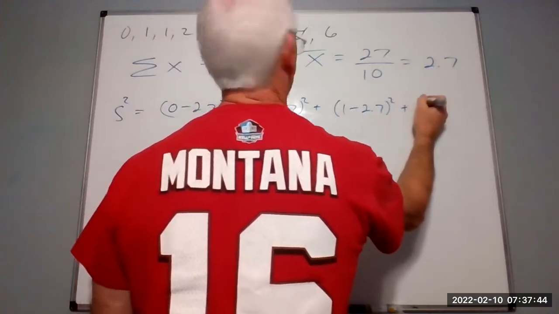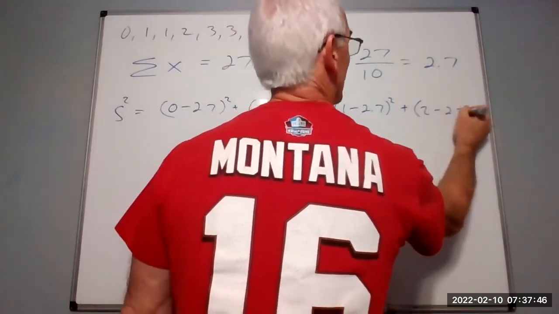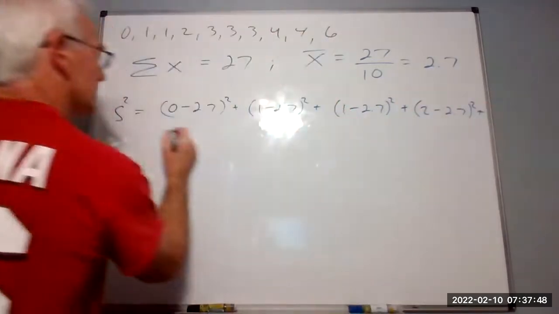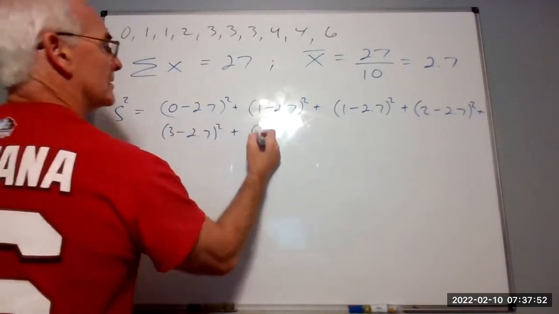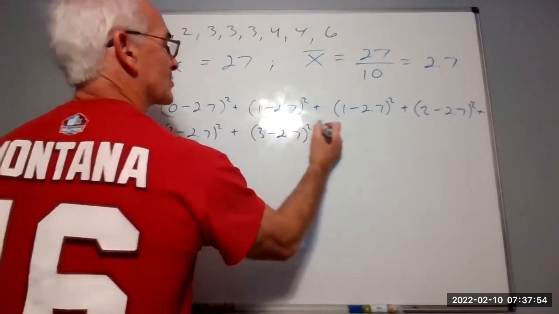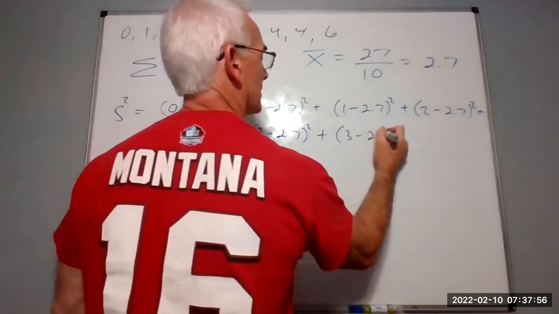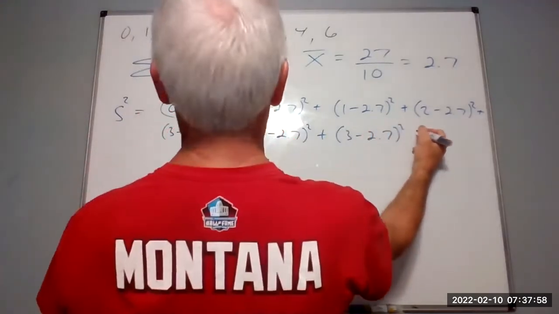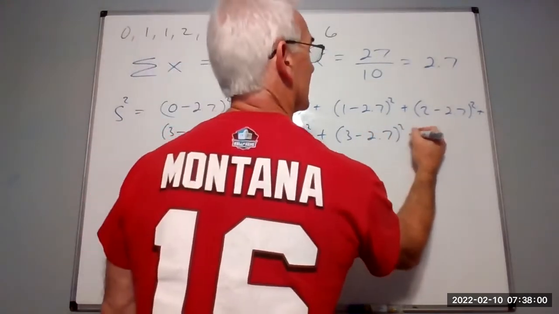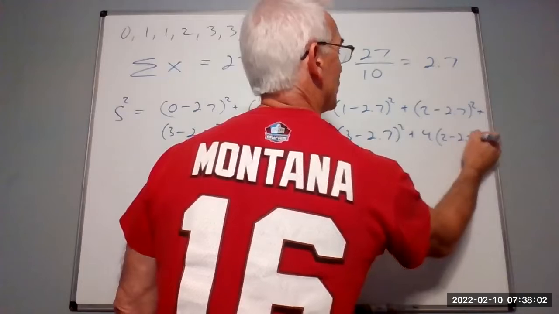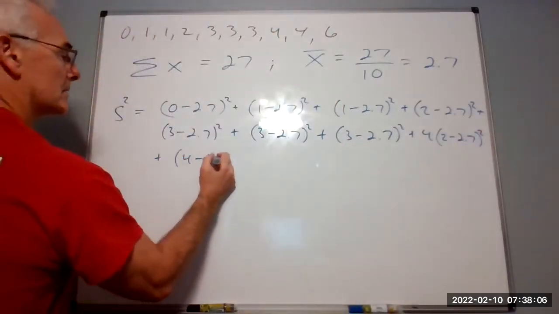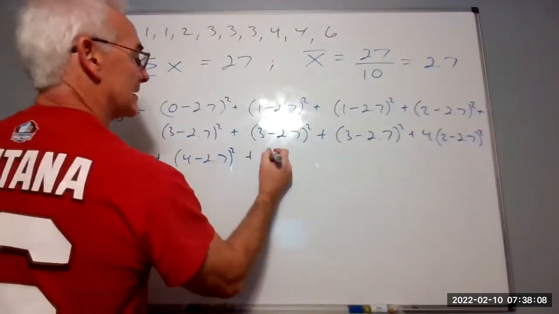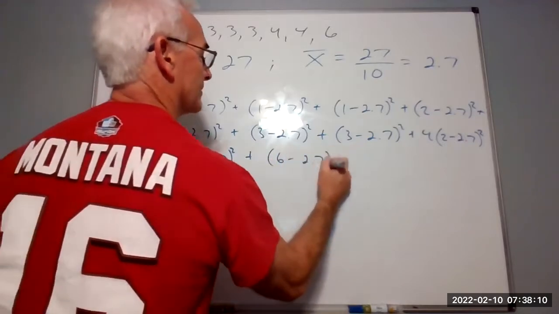We're going to take our time, we're not in a hurry. 2 minus 2.7 squared plus 3 minus 2.7 plus 3 minus 2.7. I'm squaring each one of these. And I have 3 3s, and then 4 minus 2.7 squared. And then, and finally, 6 minus 2.7 squared.